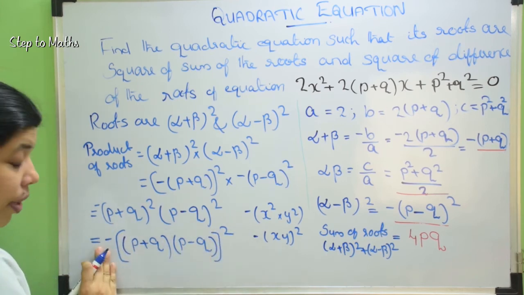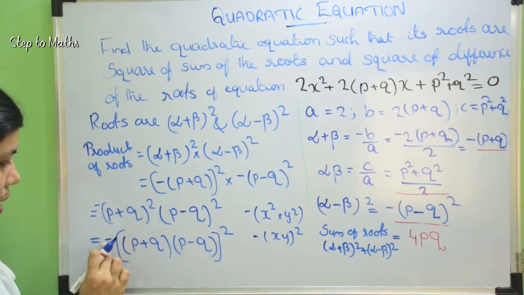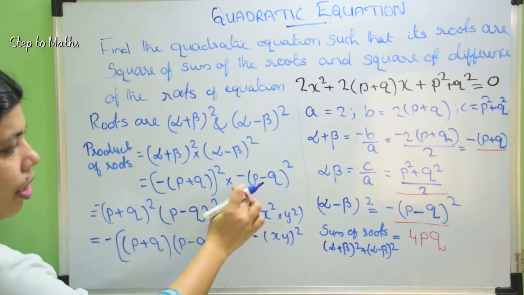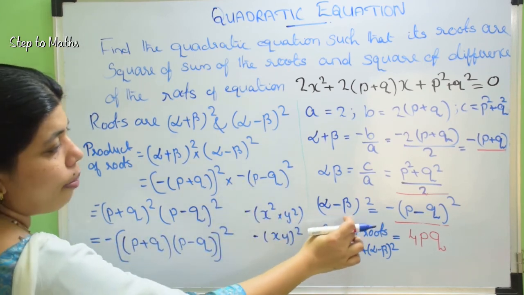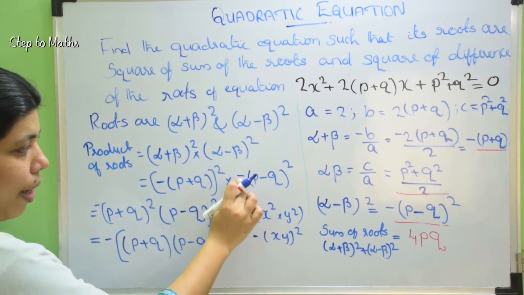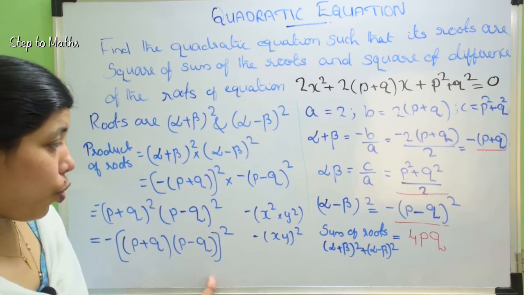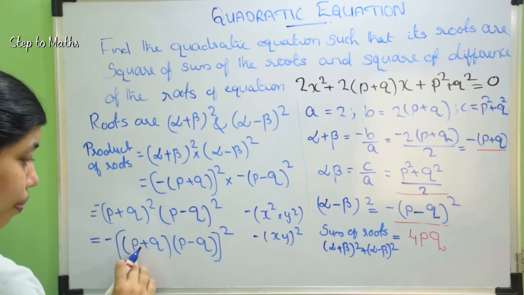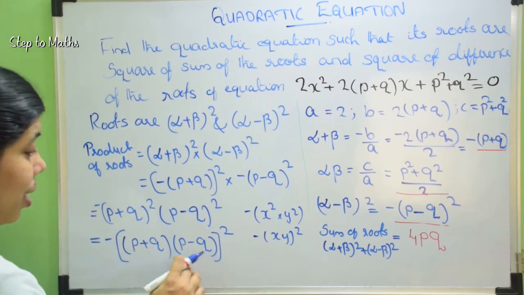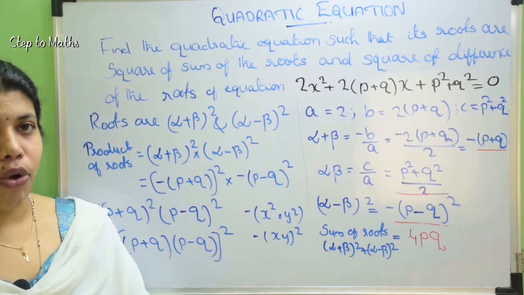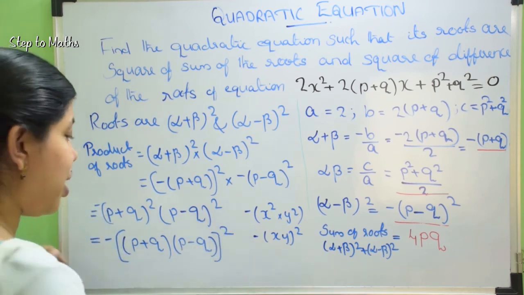This square is not applicable to this minus. This minus is the value of alpha minus beta square. Now p plus q into p minus q is in the a plus b into a minus b form, that is a square minus b square.